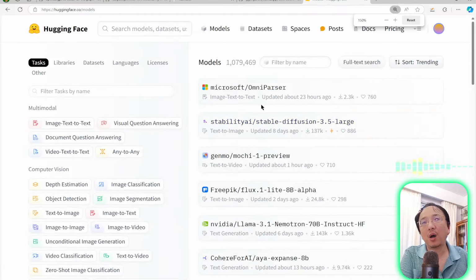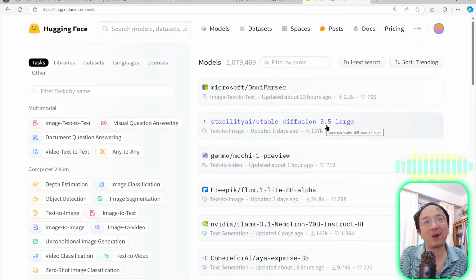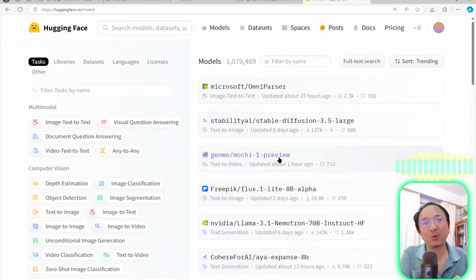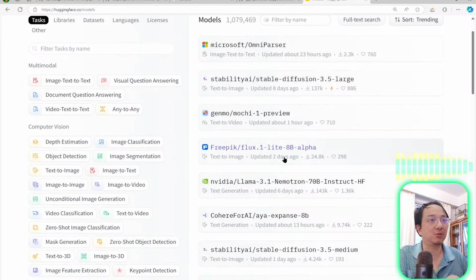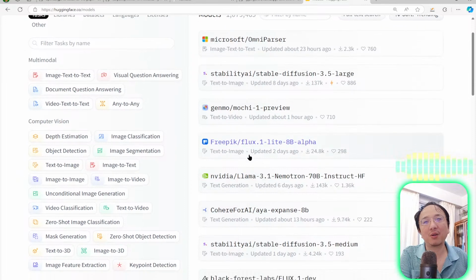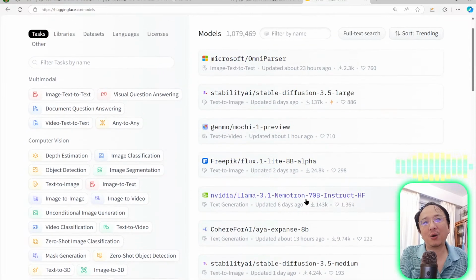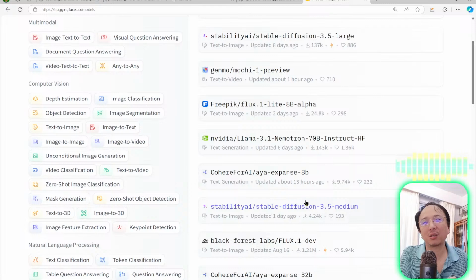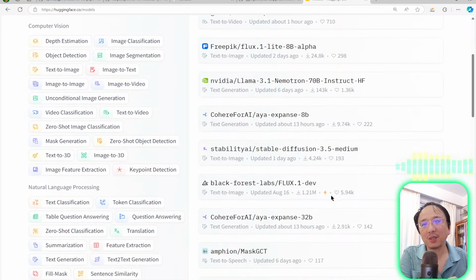Like the new Omniparser model from Microsoft, Stable Diffusion 3.5, and the Mochi one. Mochi one is for text to video generation. It is an open source one and quite good. And also the Flux. Here are all the hottest models available recently.